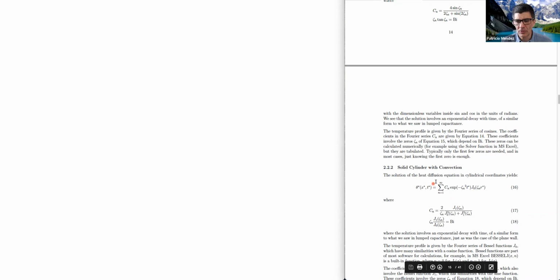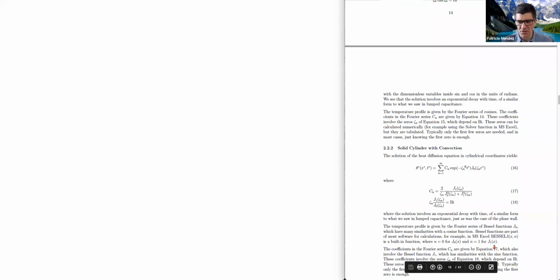The expression looks very much the same as before. We have a Cn, we have a zeta n, and this J0. J0 is one of the Bessel functions. It looks somewhat like a cosine function. It's like a damped cosine function. But whatever it is, the beauty is that you go to Excel and you can calculate it.